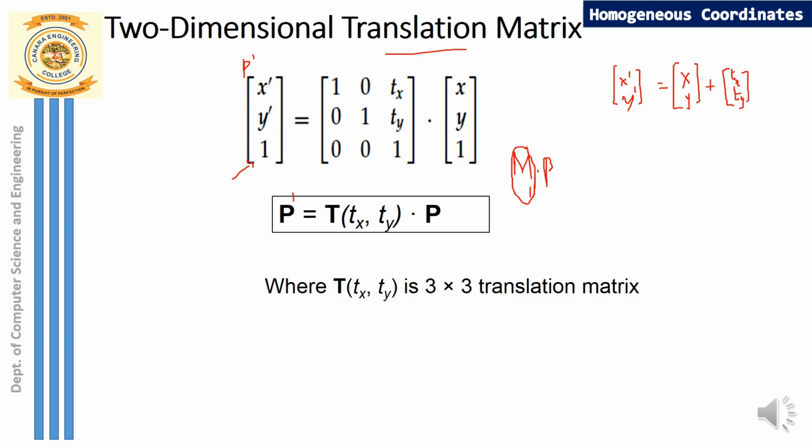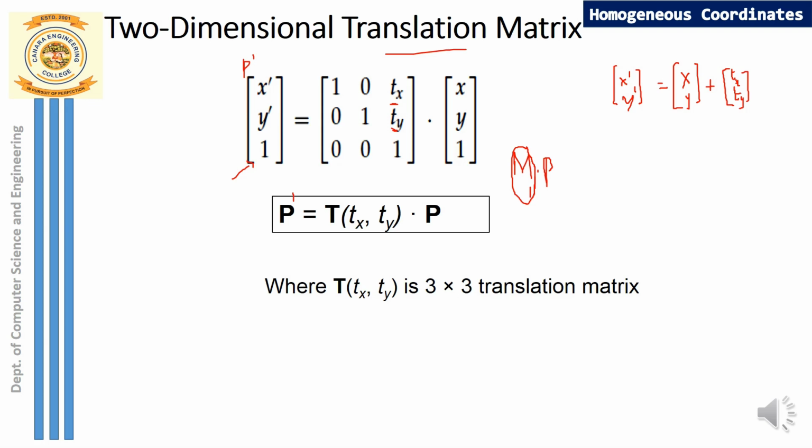We have here 1, 0. You can see all diagonal elements are 1, the rest of the elements are 0. And Tx and Ty represent our translational components.